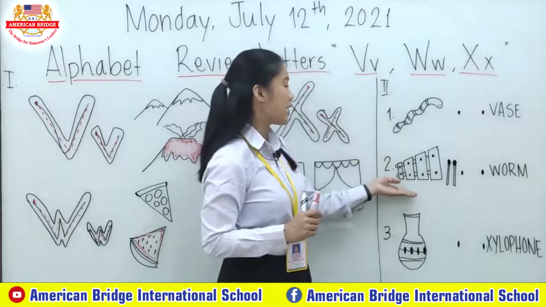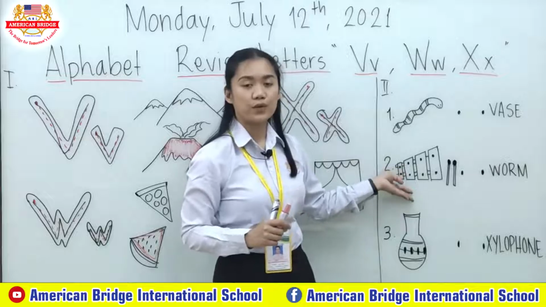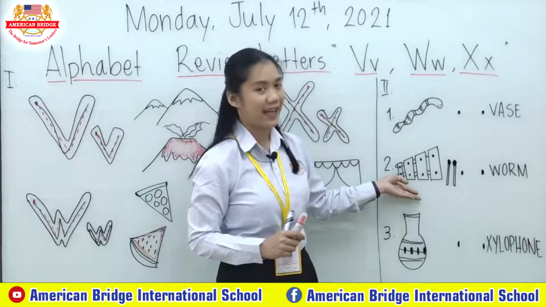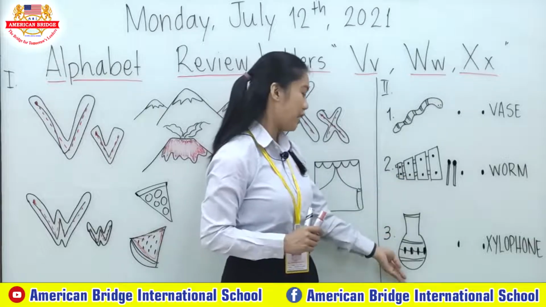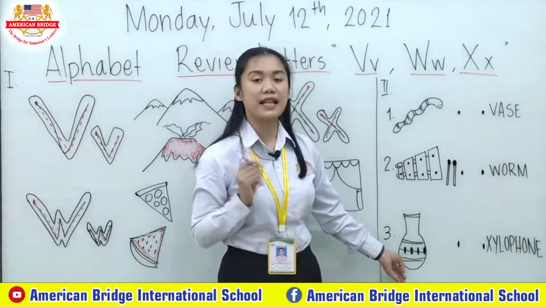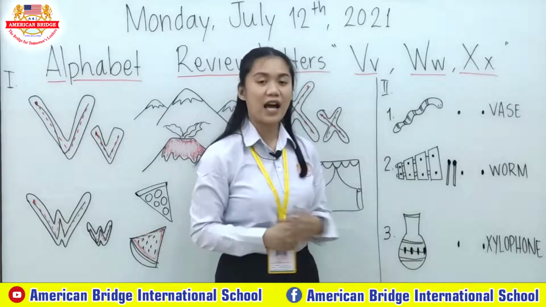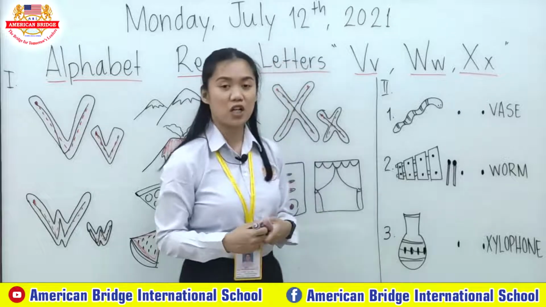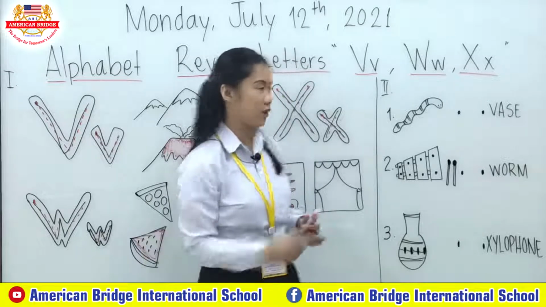Okay. Next is xylophone. Xylophone begins with letter X. Next we have vase. And vase begins with letter V. Now let's find the correct word for each picture and then we match it, okay?